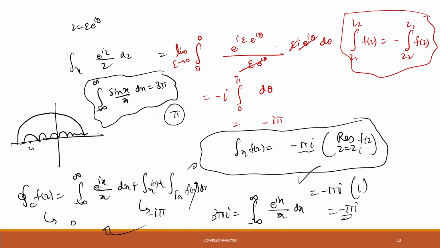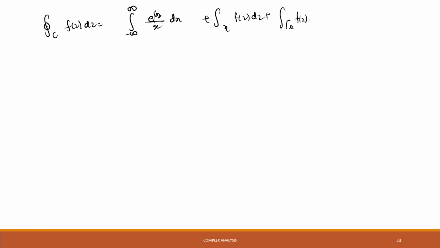So our integral, let me write it on the next page. By far we have seen that the contour integral of f(z) dz is the integral from minus infinity to infinity of e to the power iota x upon x dx, plus the integration over small r gamma r of f(z) dz, plus the integration over capital R of f(z) dz.